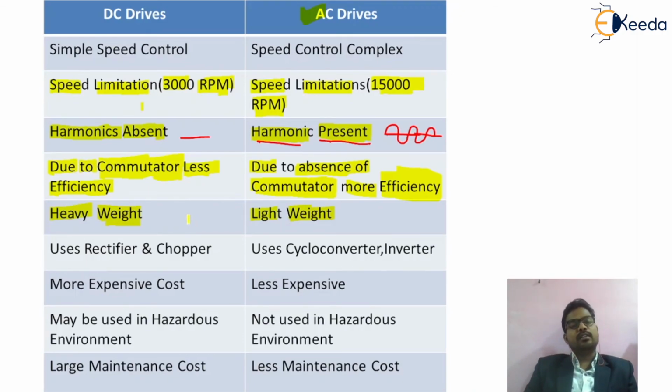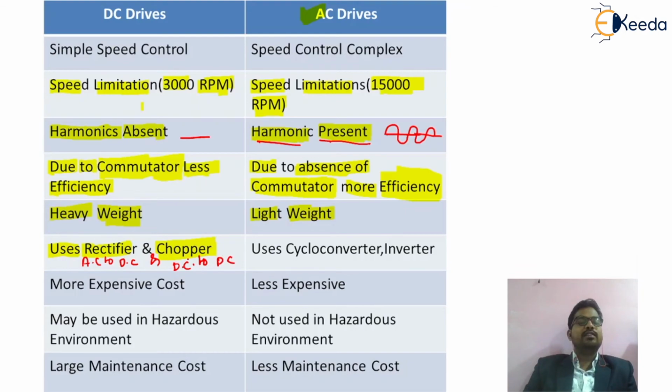Then the next status of DC and AC drive is, in DC drives we are using devices called a chopper and a rectifier. As we know, what do you mean by the rectifier? A rectifier is a device which converts alternating current supply into a DC supply. And in a chopper we are converting DC supply into DC supply.